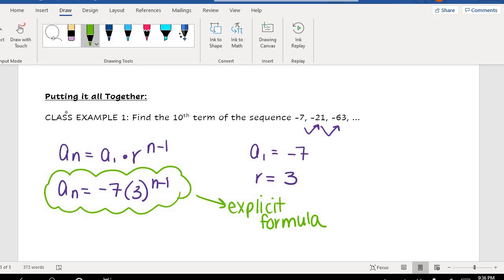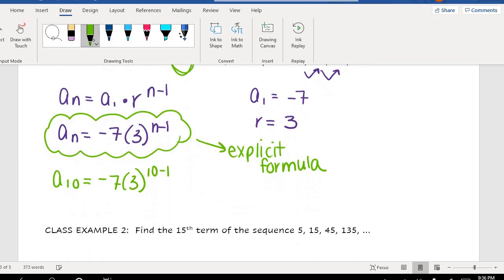Now we're going to use that explicit formula to find the 10th term. So now I get to substitute in 10 everywhere I see an n. So a sub 10 is -7 times 3 to the 9th power. I'm going to put all of that in my calculator.